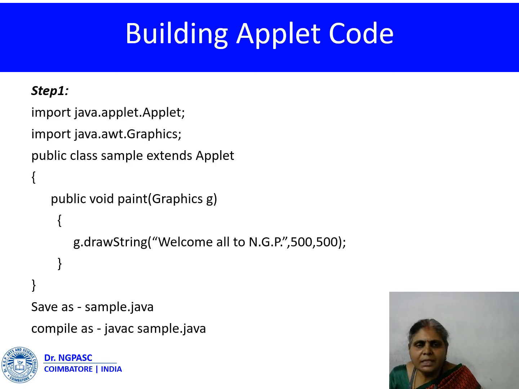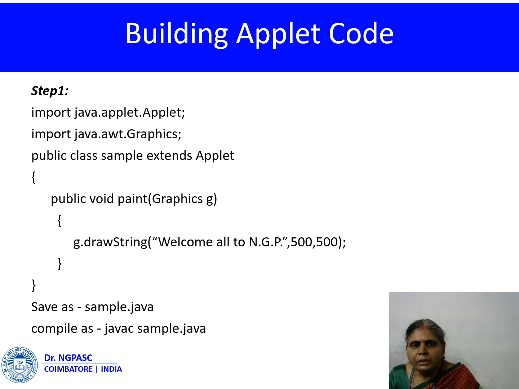Let's see an example of building an applet code. This is our first step. As I already told you, in order to do applet programming, first we have to create an applet in Java. So in creating the applet code, we import java.applet and java.awt. Then we have a public class whose name extends Applet from the java.applet package, so that your code now becomes an applet.